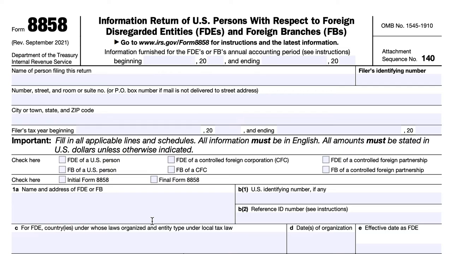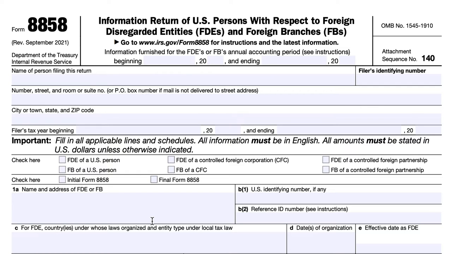And then an FB actually has technical Treasury regulations verbiage, but basically it's a branch of a corporation or a qualified business unit that happens to be foreign.